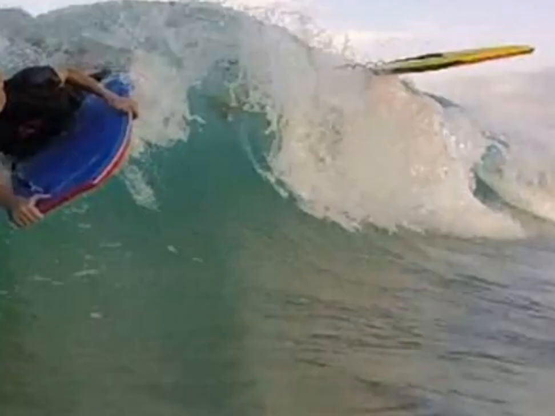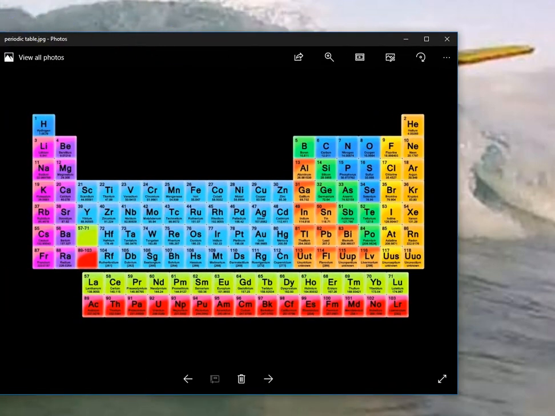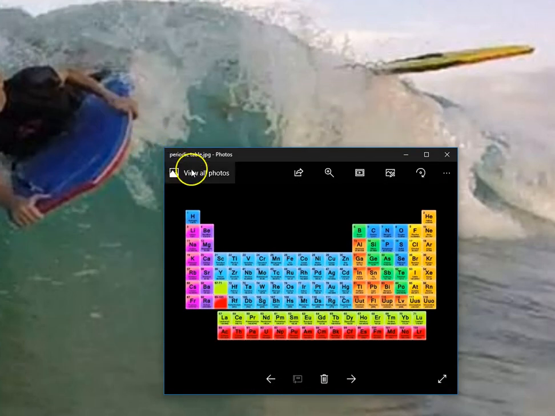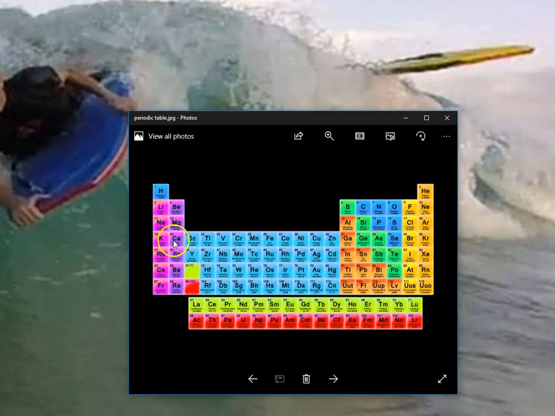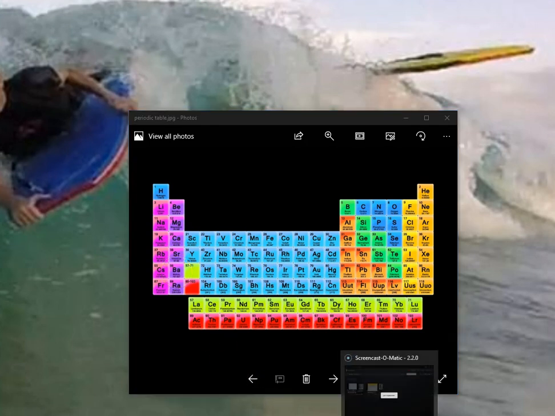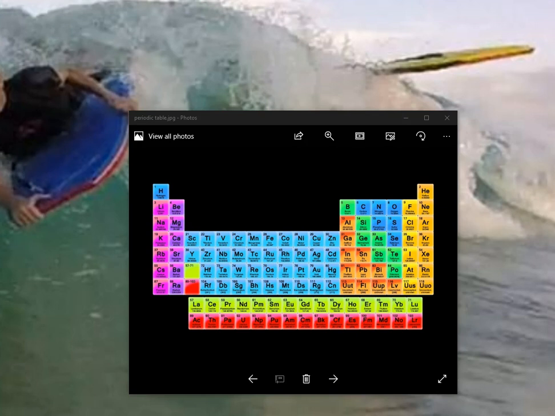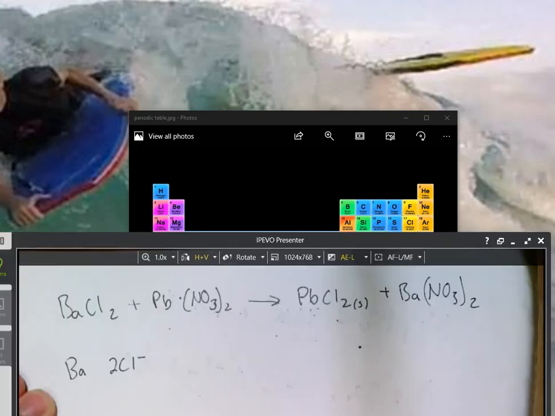But in general, let me bring my periodic table over here, right? The periodic table, barium, right here, has a +2 charge. Okay, so let me bring all this stuff back.